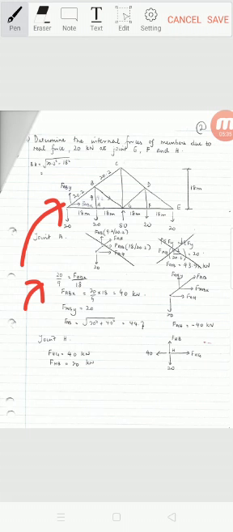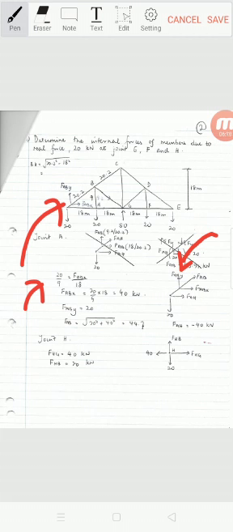So directly we know that FABY is 20 kilonewton acting upward. There are no other upward forces other than this.